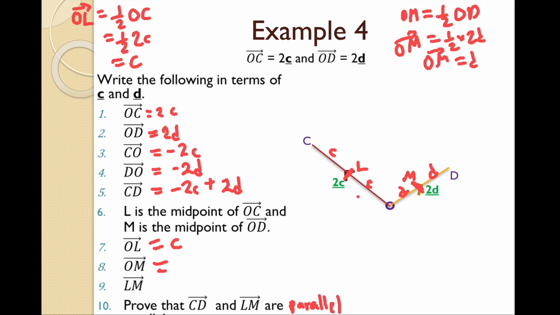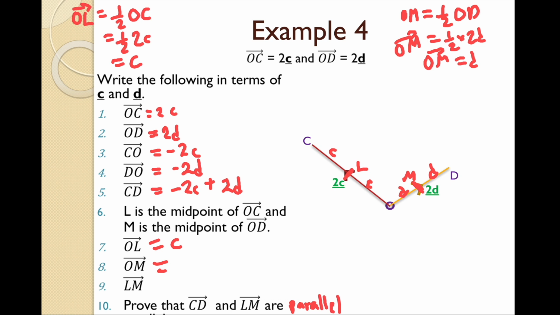All right, so L to M. Go ahead, tell me. Why did we do half of OC? Because it says L is the midpoint of OC. So L is in the middle of OC. You follow me?